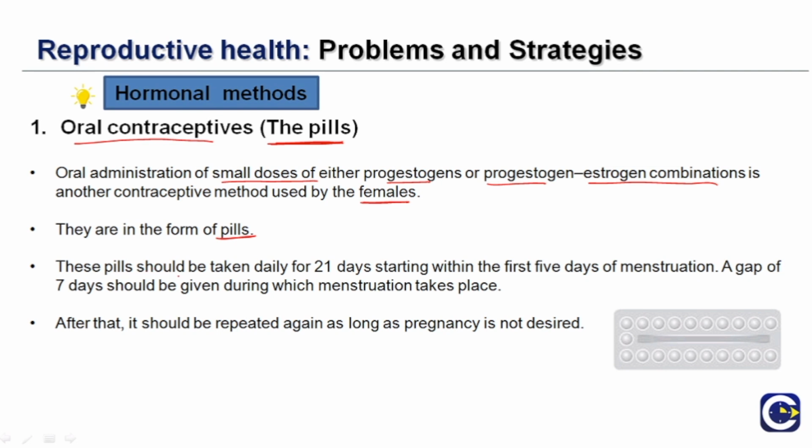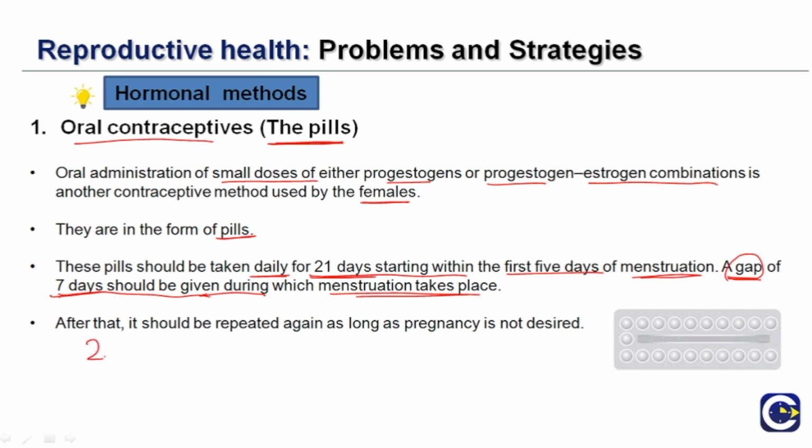So how should these pills be taken? These pills should be taken daily for 21 days starting within the first 5 days of menstruation. And then a gap of 7 days should be given, during which menstruation takes place.